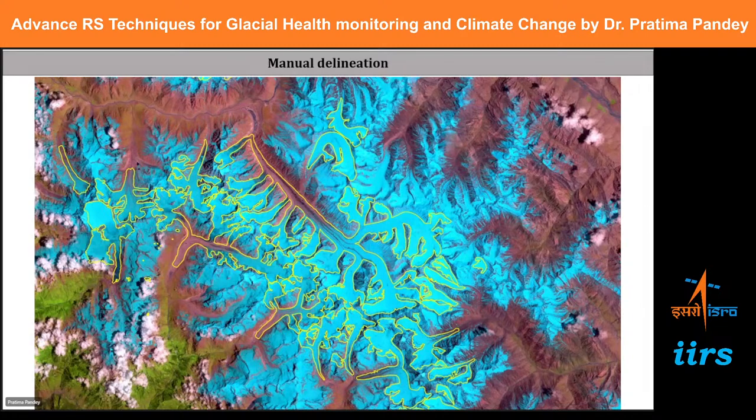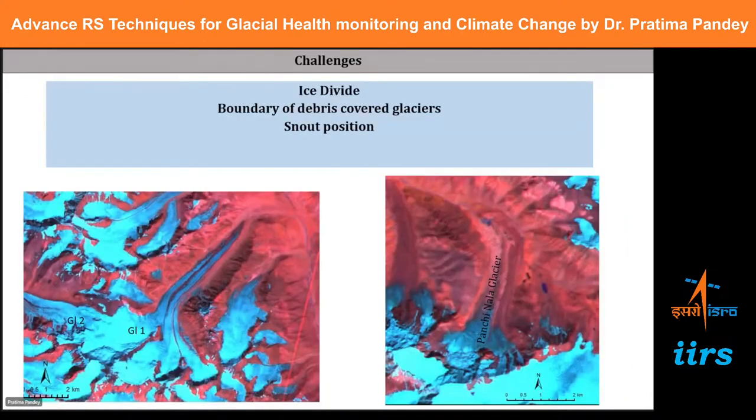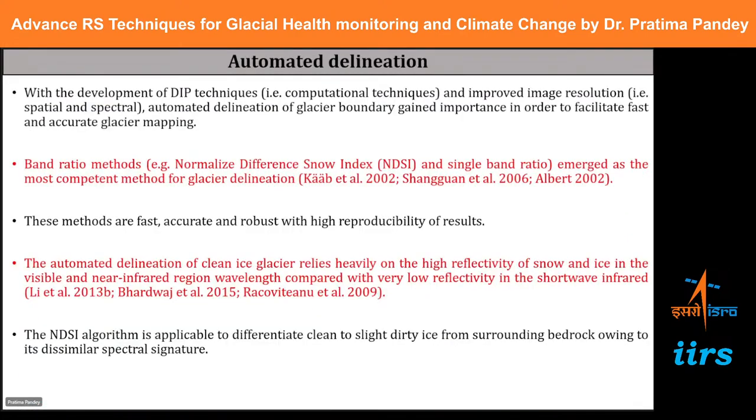So this manual delineation method is very accurate because we can just see and delineate the glacier based on the visual interpretation. But if we have a very large area, like we have to monitor lots of glaciers, then this manual delineation will become very difficult. So in that case, we can also use an automated delineation method.